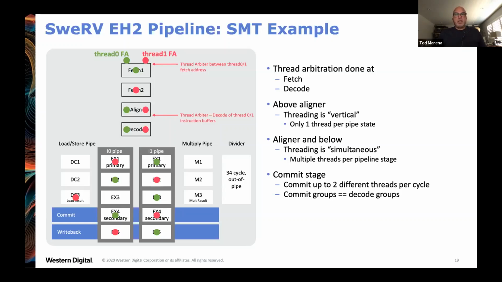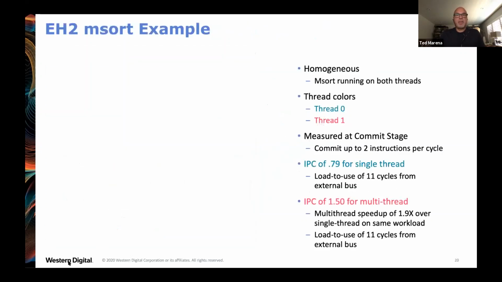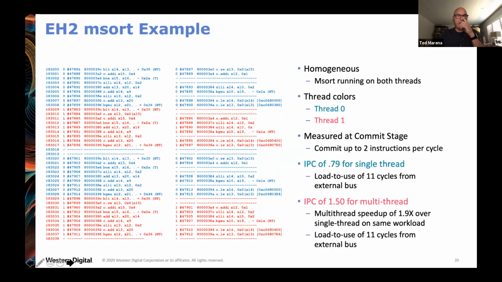This is a feature set of the superscalar architecture that was put in to support the multiple threads. The real key benefit is what we're able to achieve out of it. This is a sort called MSort example. When this is done, there are various IO calls and other commands you were waiting for, maybe using the multiplier or loading some information from external memory.